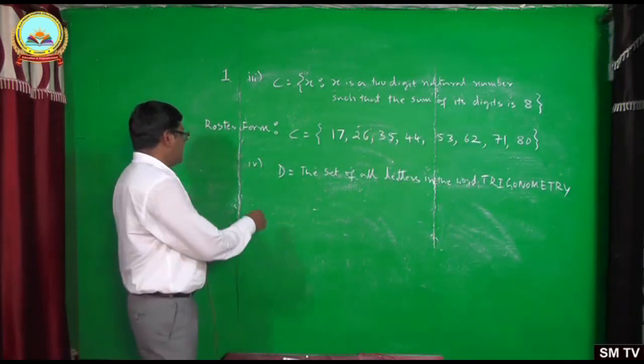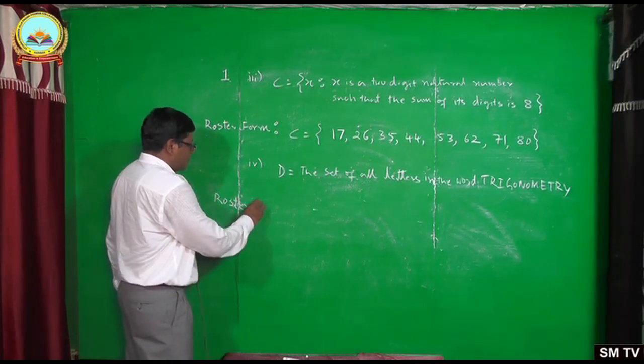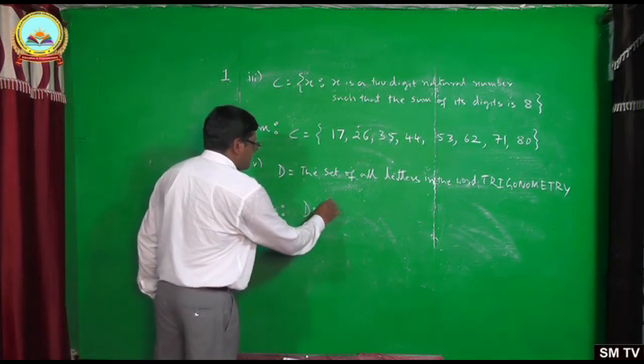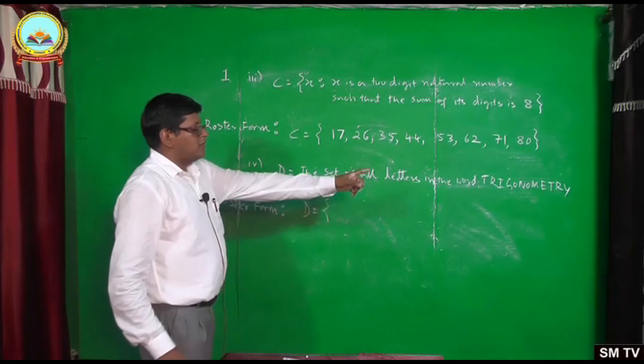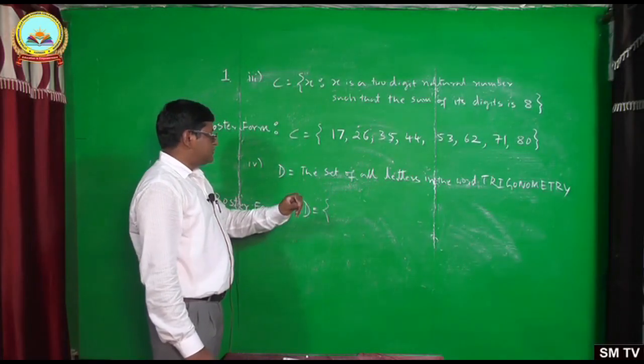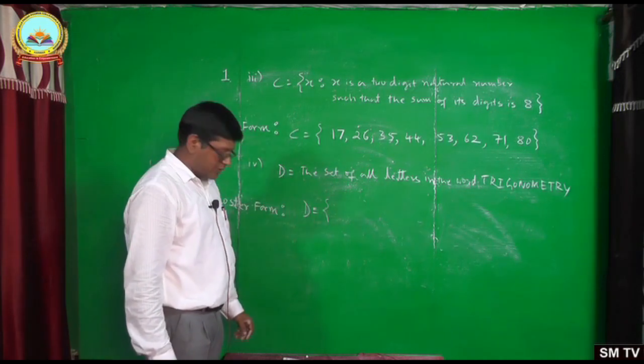Now we have to write the roster form of the set D. We have to write the set of all those letters which are used to construct the word trigonometry.